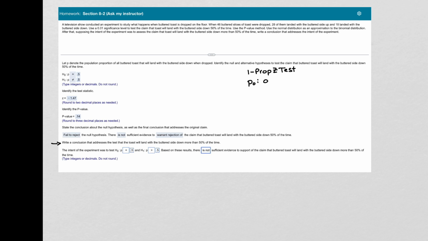So p0 was 0.5 because we're looking at the null hypothesis that p is equal to 0.5. But now our alternative hypothesis is that p is greater than 0.5. So we're changing this from a two-tail test into a right-tail test.